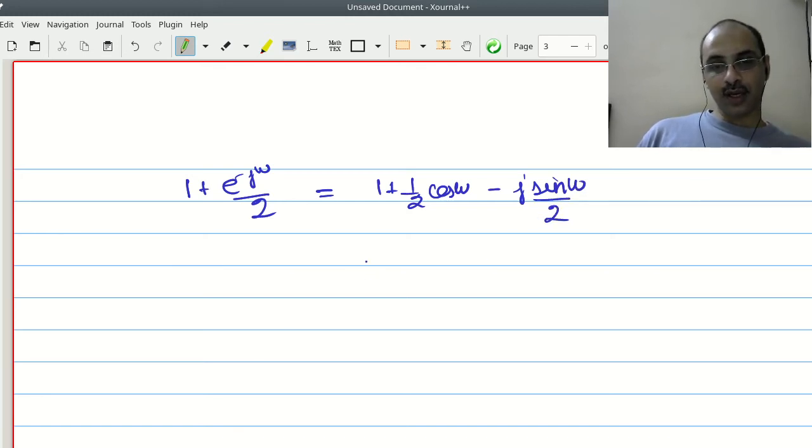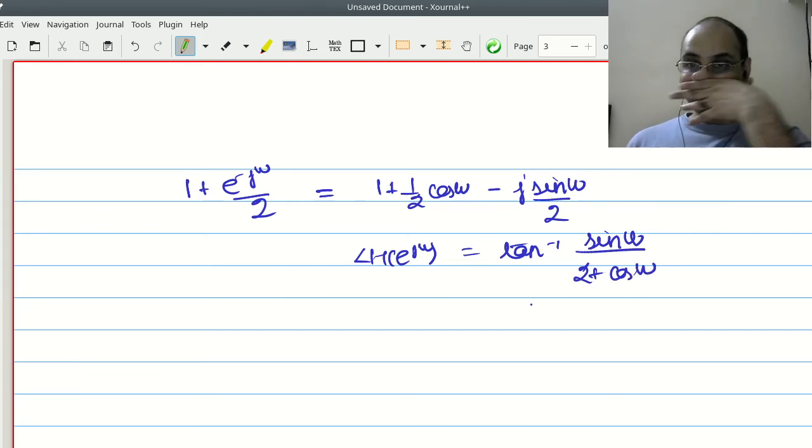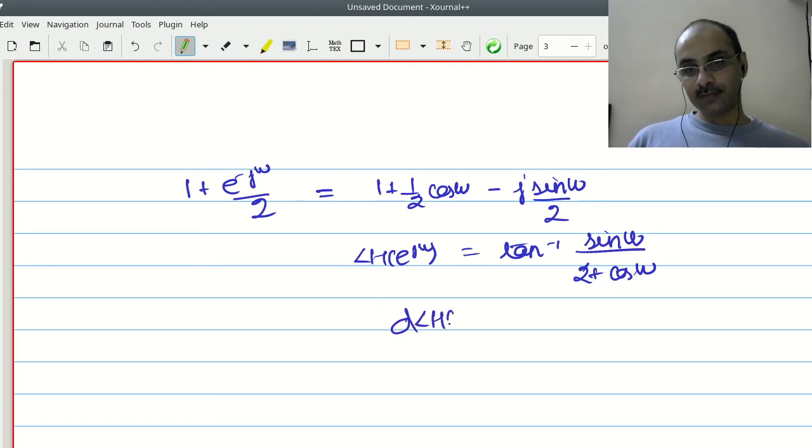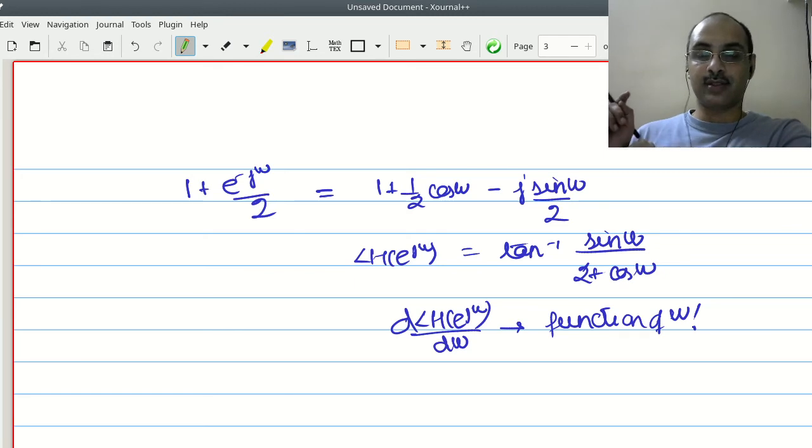And now you have to write angle of h of e per j omega as tan inverse of sin omega by 2 plus cos omega. And now you have to differentiate this. Now notice that if you differentiate, this will be a function of omega. This means that the group delay will be different for different frequency ranges.